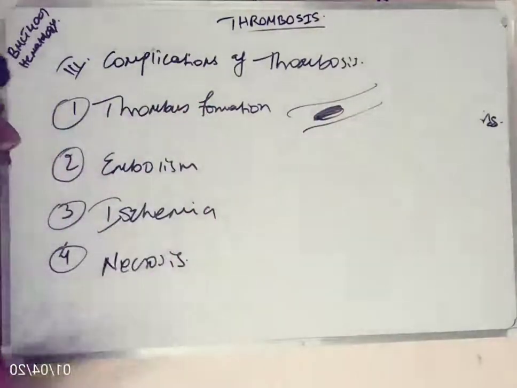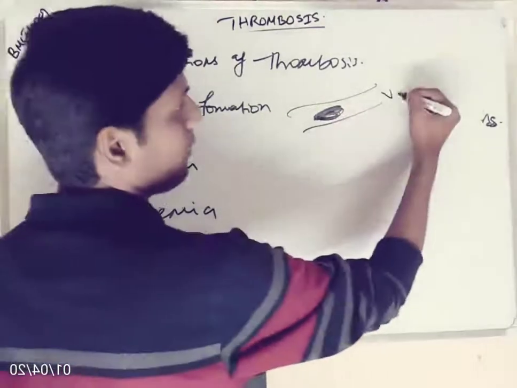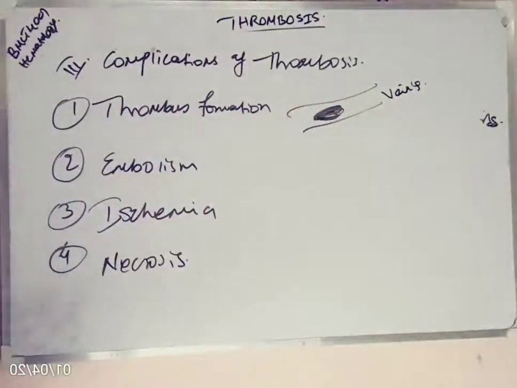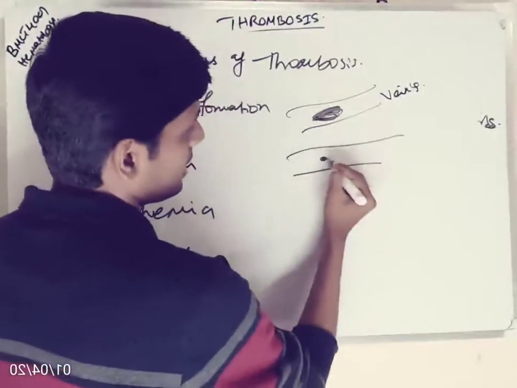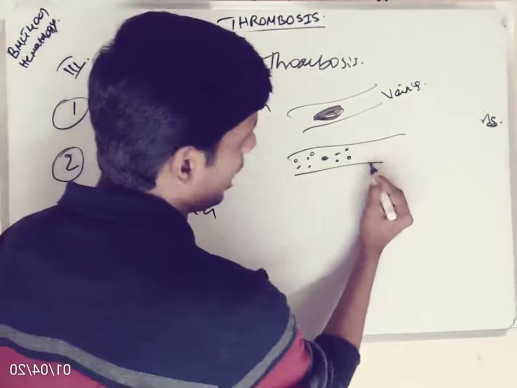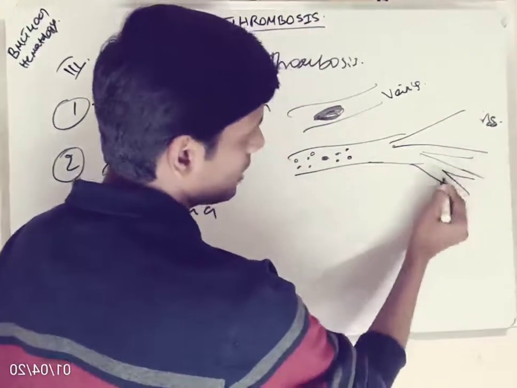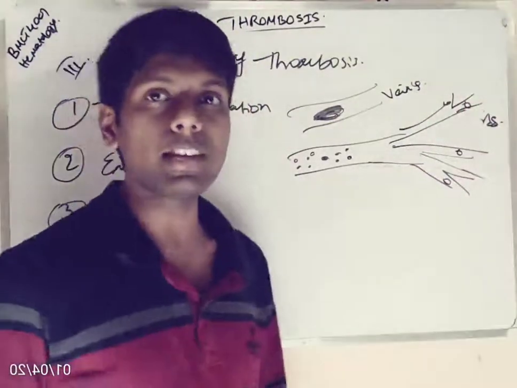Now what is embolism? If the clot is present in the veins, this large clot within the veins is called a thrombus. If this clot becomes degraded and becomes small granules, the small granules will move to various parts of the body, and these clots will become systemic.